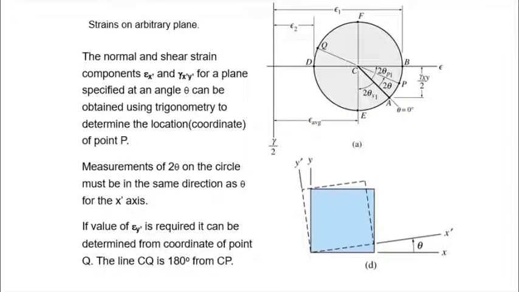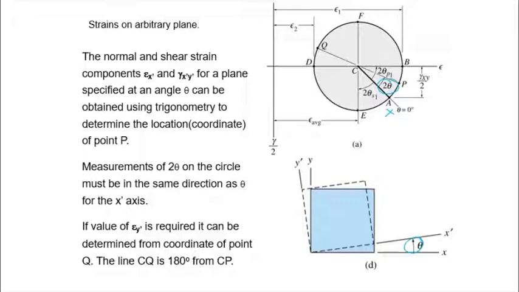Okay, and that's how we get the deformed element. Now if we want to find strain on any arbitrary plane, meaning just any x prime and y prime, we just draw the angle. Let's say that angle is 2 theta and it is positive, so it's counterclockwise from x, our x reference. So we just draw counterclockwise 2 theta, where the original angle is theta.